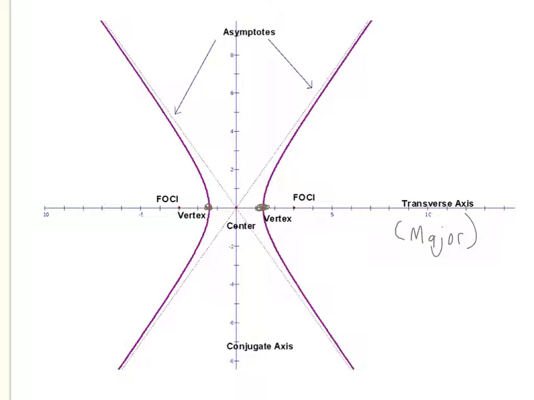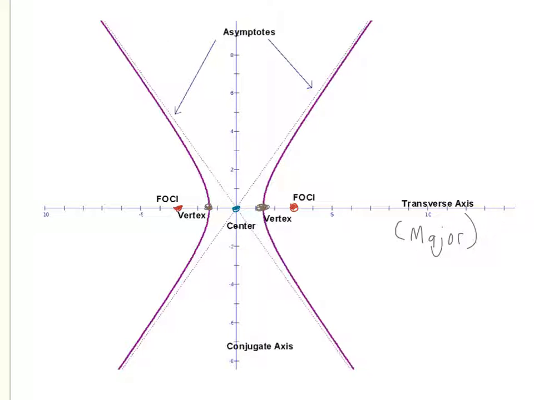Everything happened on the major axis, and this one we call the transverse axis. So we have these two vertices, which is where the hyperbola intersects the transverse axis. We also have two foci, a focus on either side, which is inside the curves. We obviously have a center where everything starts.